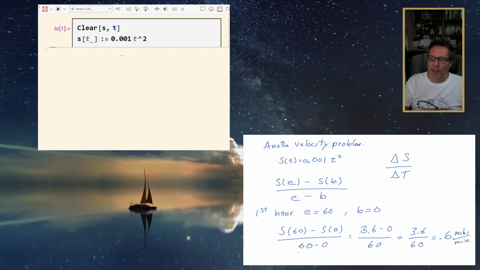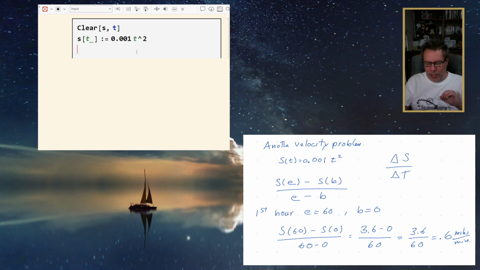I already evaluated the cell. You'll notice that this s is not blue. Instead of going outside of this cell, I'm going to continue in this one cell, so if I make any errors, I don't have lots of different things to evaluate.